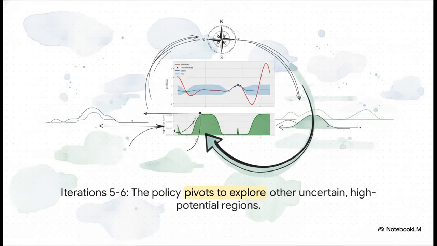But this is where it gets really, really cool. Instead of just getting stuck on that one little hill, as soon as it feels confident about that area, the strategy totally pivots. Just look at that green curve now. It's basically thinking, okay, that hill's not bad, but hey, what about all this other territory over here that we know nothing about? It could be way better. Let's go explore. It's making that crucial switch from exploiting to exploring.